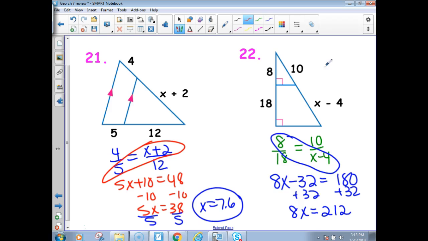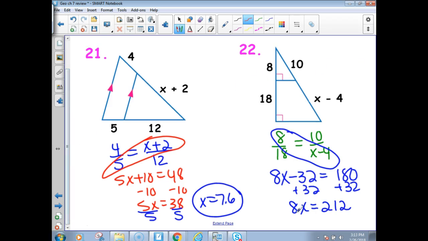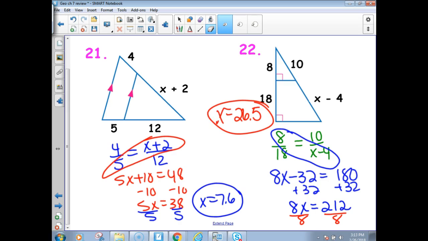Divide by 8. I don't know what that is. 26.5. Thank you. I shouldn't connect my x like that. Oh, I write too fast.